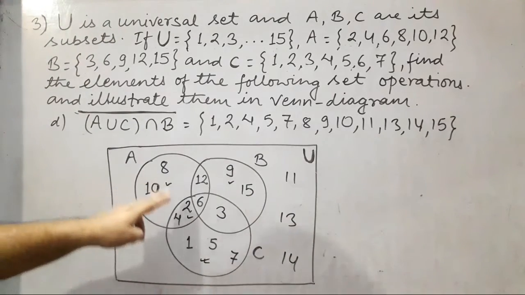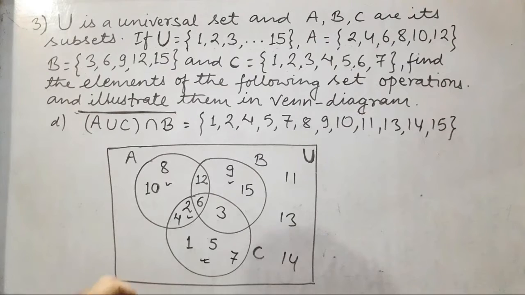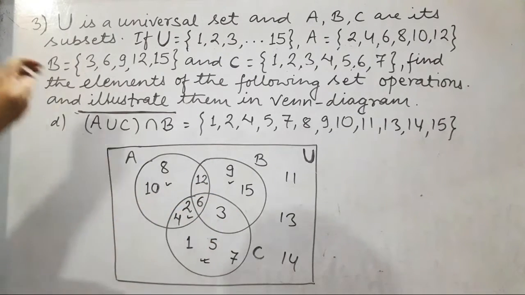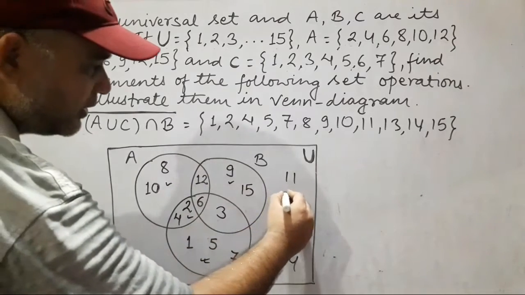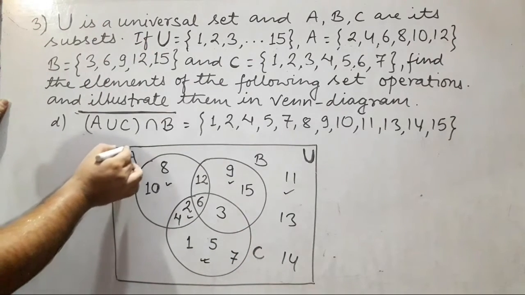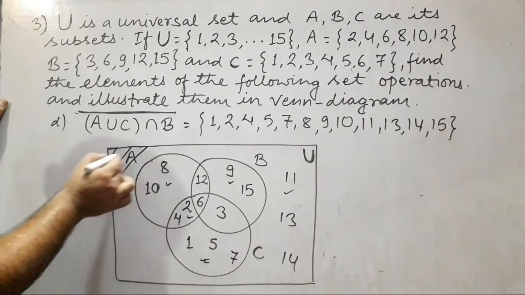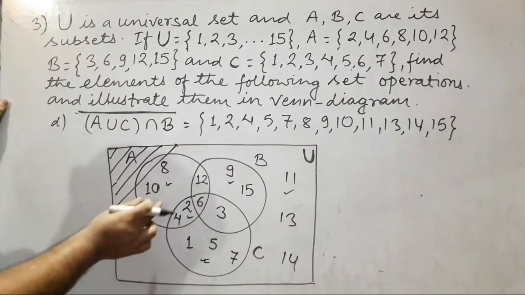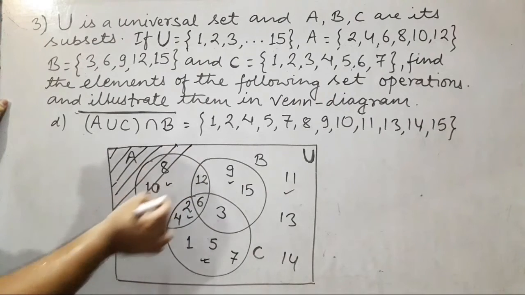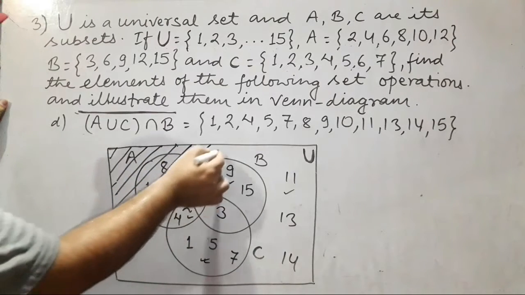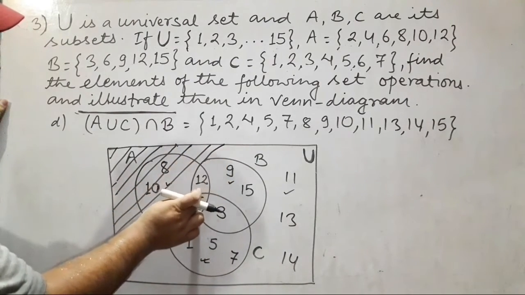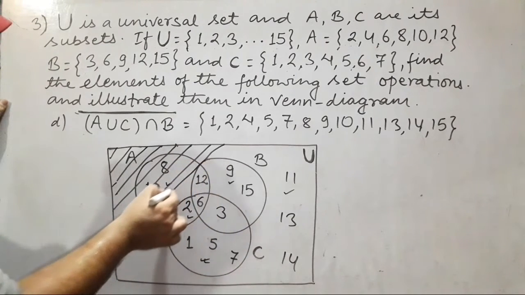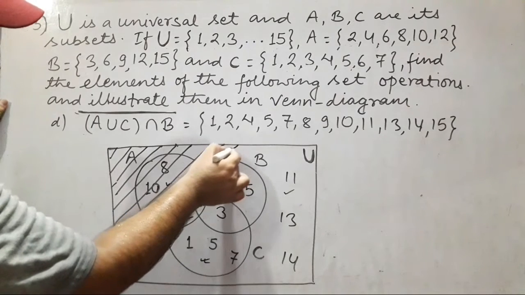Now except the ticked part we shall leave, and we shall set the part which we have selected. We have already taken the outside part, so let's start from outside. And we shall set this part also. Let's go on shading. Now this part and this part we shall not shade.